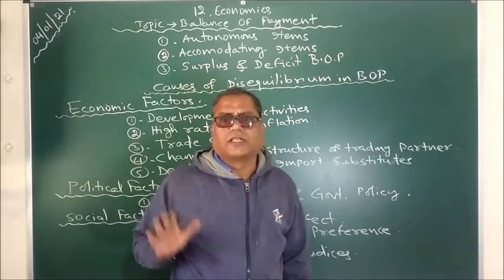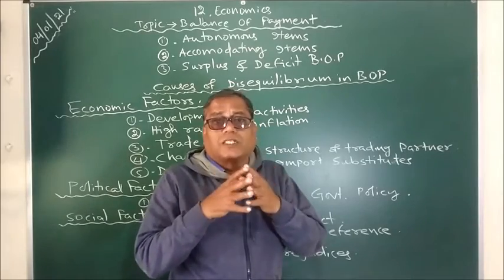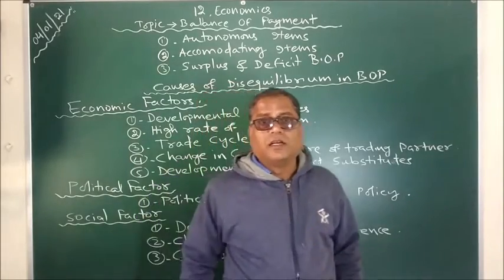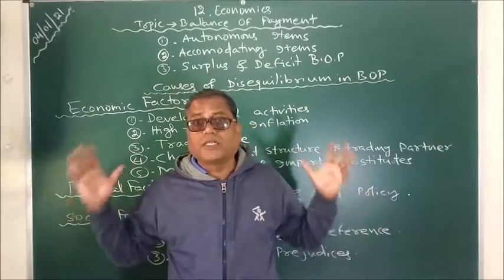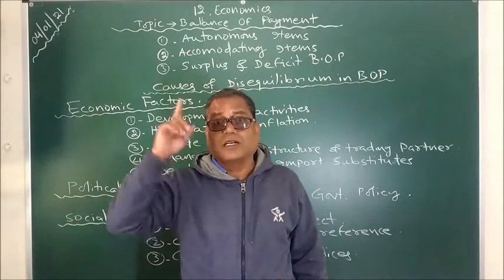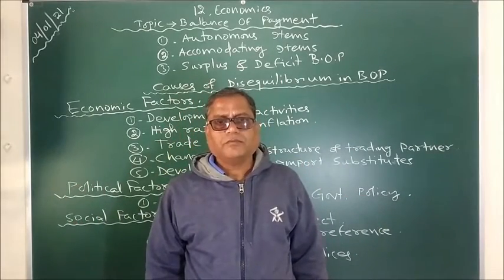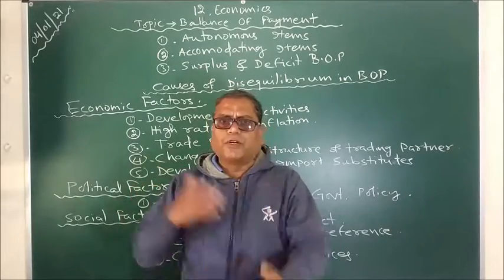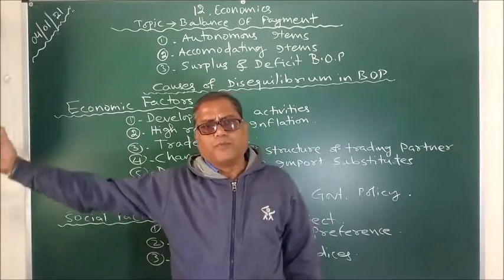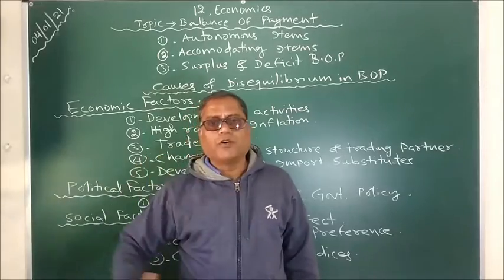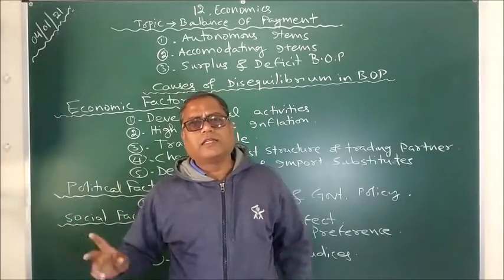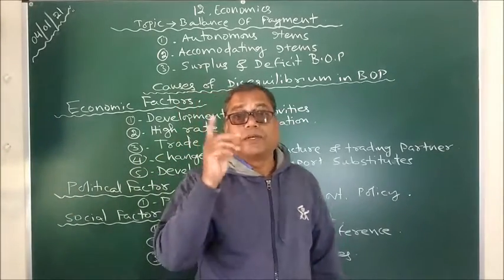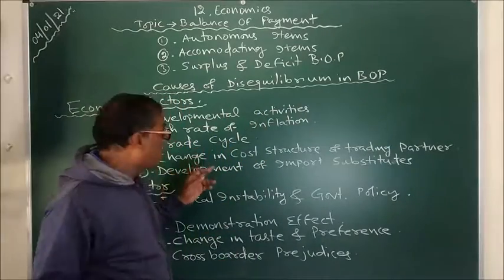In depression and recession, business is very low and we are not producing enough goods and services demanded by our country, so obviously we have to depend upon imports. When imports are more, the outgoing of foreign exchange is more, hence it results in a deficit balance of payment.